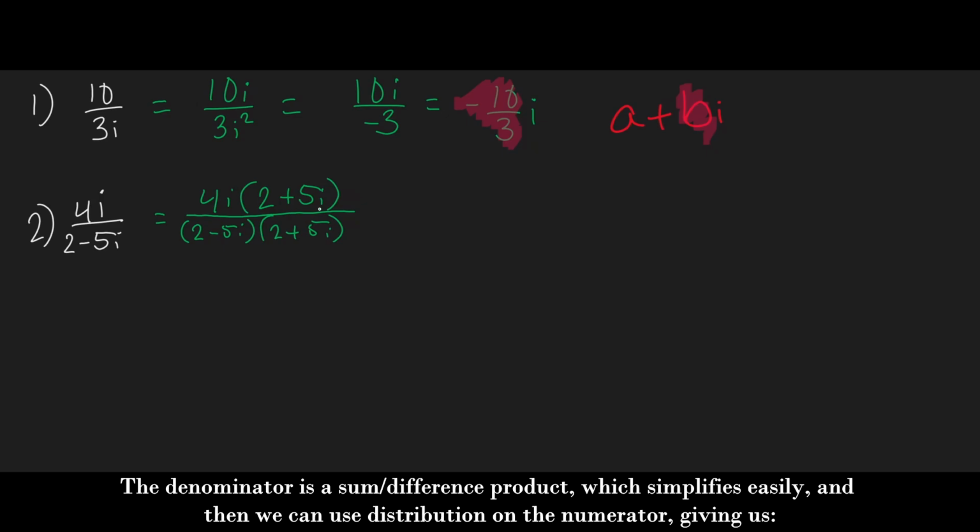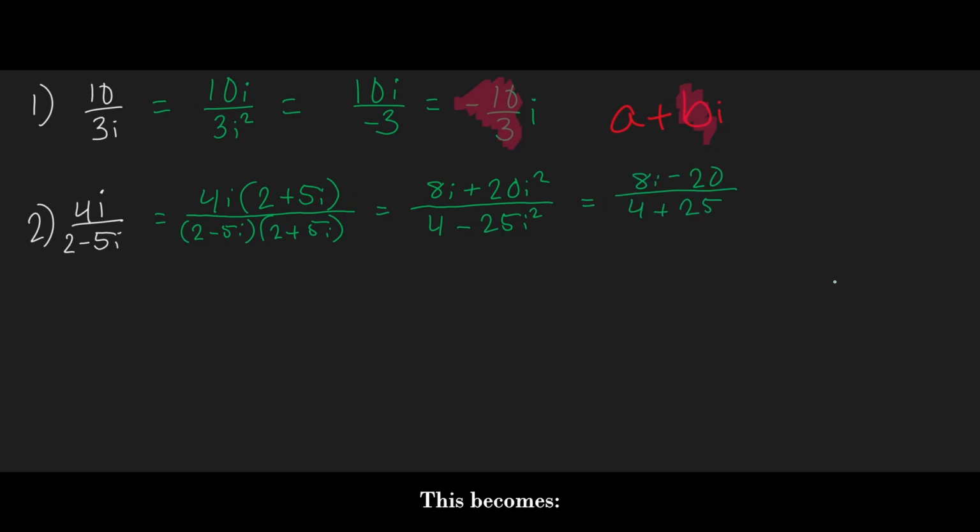And then we can use the distribution on the numerator, giving us 8i plus 20i squared divided by 4 minus 25i squared. This becomes 8i minus 20 divided by 4 plus 25, which equals -20 plus 8i divided by 29.